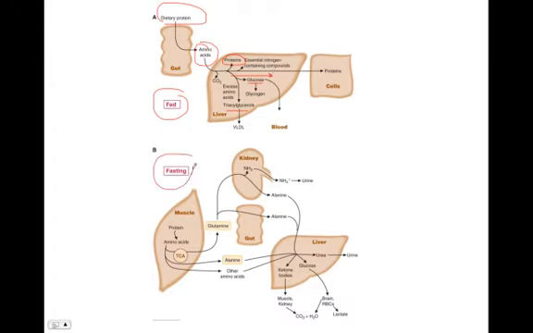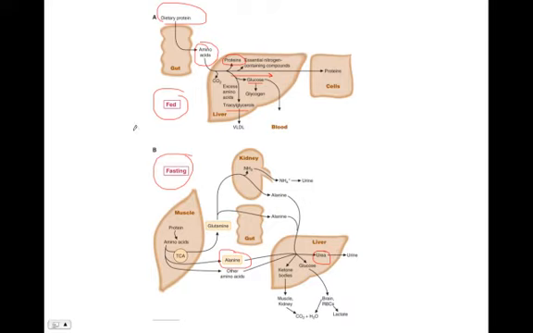Similarly, in the fasting state, gluconeogenesis is occurring. And the primary substrate for gluconeogenesis is amino acids, specifically alanine from the skeletal muscle. The movement of these amino acids into the liver to be used as a substrate for glucose production requires, again, the amino acids to be deaminated, and that ammonium ion is used to generate urea.